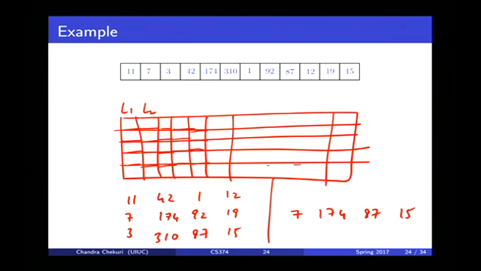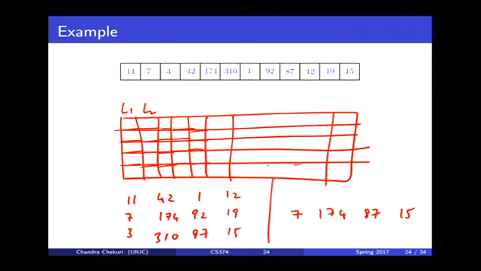How many numbers do I have here? If the original array is of size n, how many numbers do I have here? N over 3. But if I have groups of 5, how many numbers will I get? N over 5. Now my claim is the median of those n over 5 numbers is a good median for the entire array. If I take the median of this, what is it?